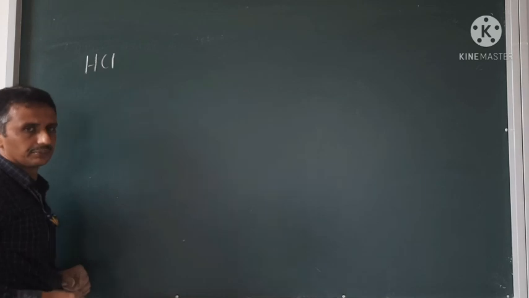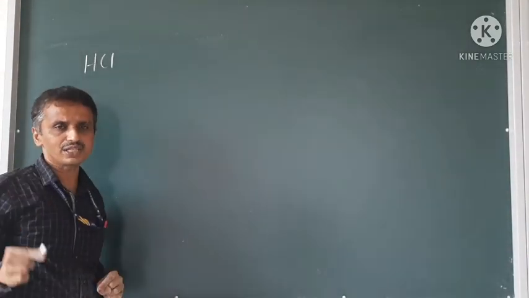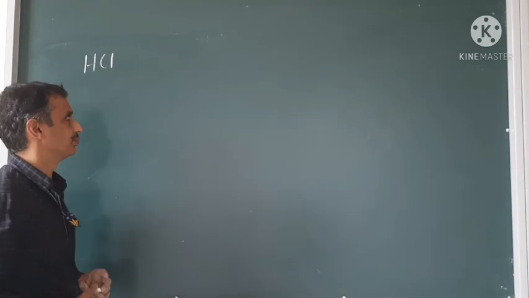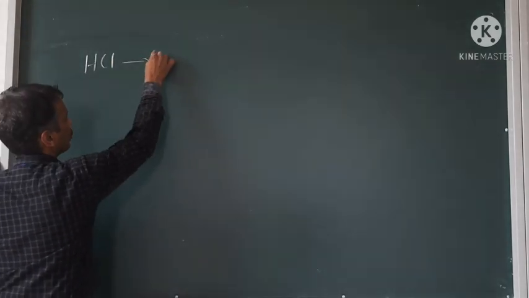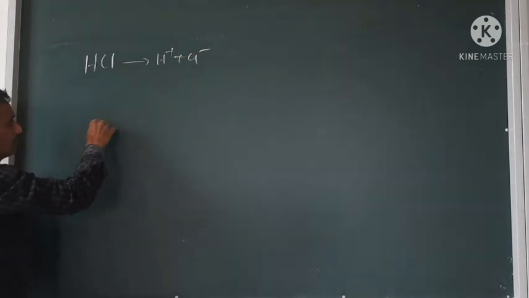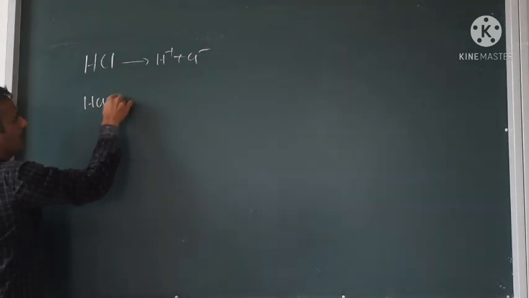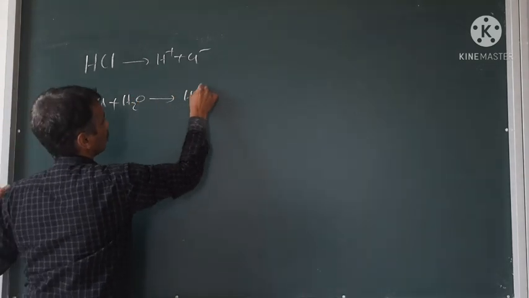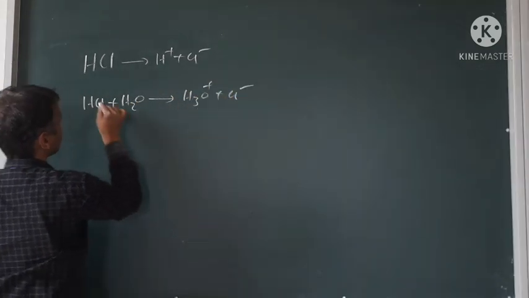HCl can be called an Arrhenius acid as well as a Bronsted acid. Because it gives H plus ion, it is an Arrhenius acid. HCl will donate a proton to water, becoming H3O plus and Cl minus.